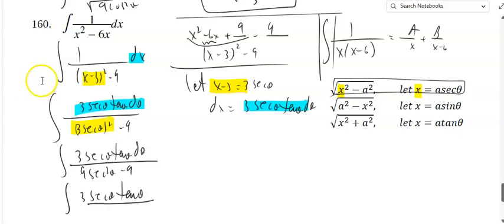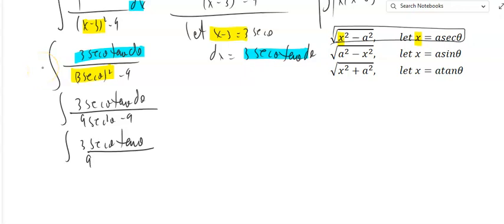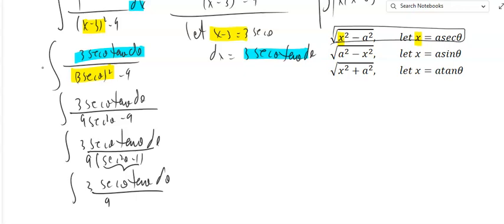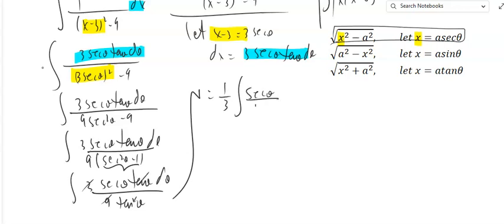If I factor a 9 out of that, and this is 3 secant of theta tan of theta d theta, and secant squared minus 1 is tan squared of theta. One third secant of theta over tan of theta d theta.